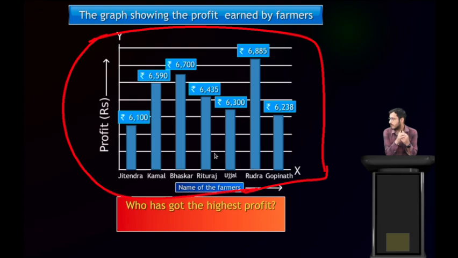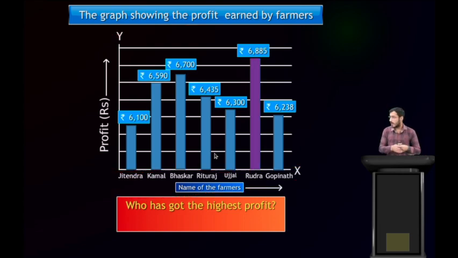You can see 6100, 6590, Kamal profit 6590, Bhaskar's profit 6700, Rituraj profit. Okay, so names of the farmers are on the x-axis and profit is on the y-axis. So who has got the highest profit? Yes, you can see the table here, 6885, Rudra. So Rudra has got the highest profit here.